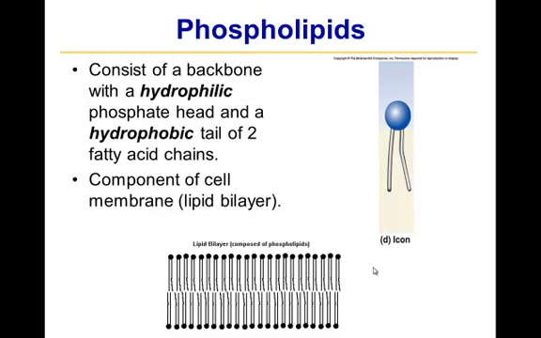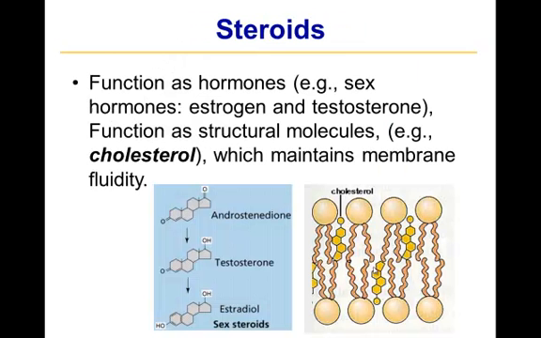Now, very quickly, we will describe a third type of lipid, a category of lipid, which are steroids. Steroids have important roles as messengers, and they also can have a structural role. Hormones are powerful chemical messengers, and some of the sex hormones, estrogen and testosterone, are both steroids. And you can see steroids if you look down here in this blue box in the bottom center of the slide.